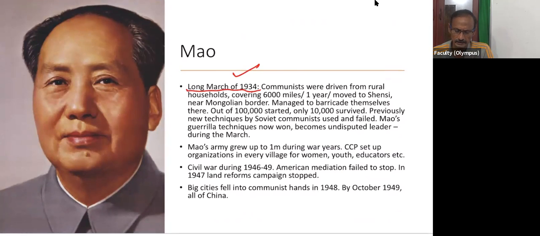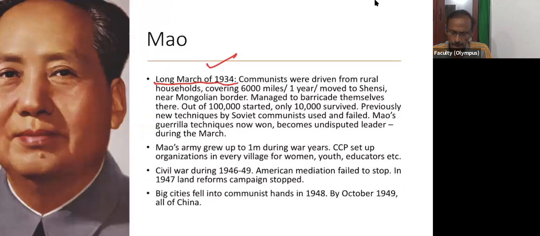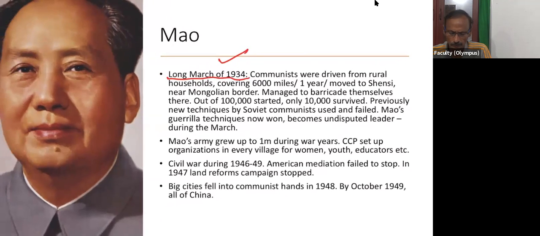We discussed that communists were there at many places and they were being harassed and intimidated by the nationalists. To protect themselves, communists wanted to take shelter in a faraway place, and they were driven out from rural households.